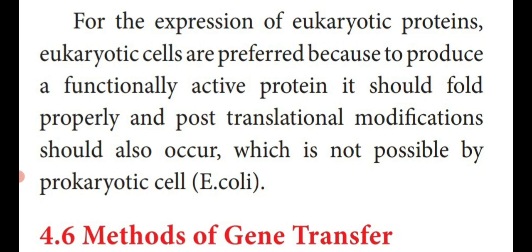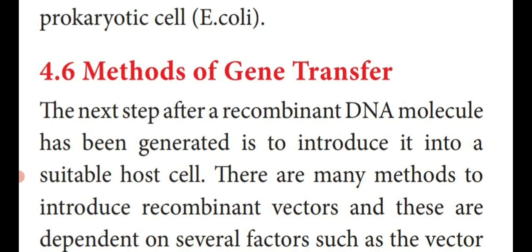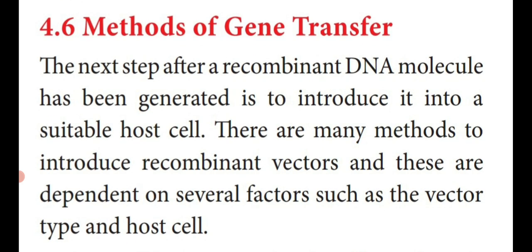But this type of activity is not possible in the prokaryotic cell, that is E. coli. That's why if you are inserting rDNA into a eukaryotic cell, we are using the eukaryotic protein. So these are all the ways of making the host competent by bacteria.